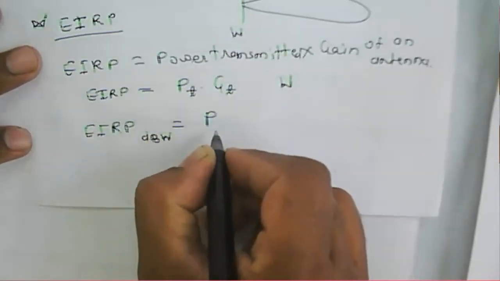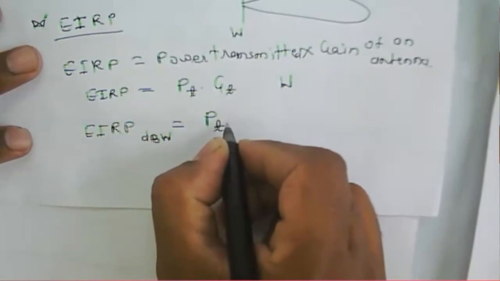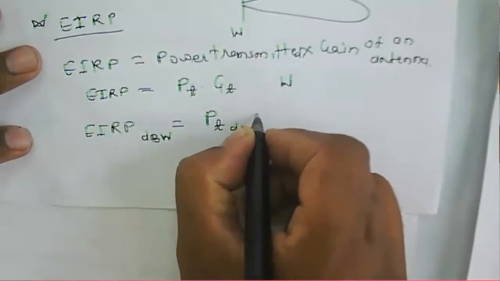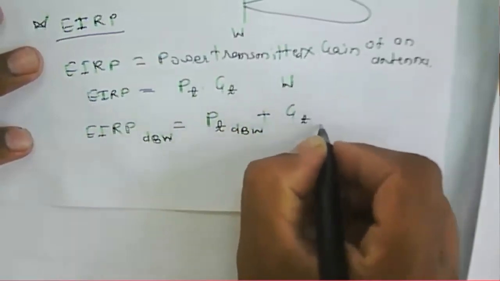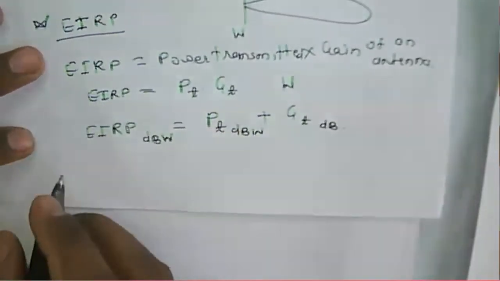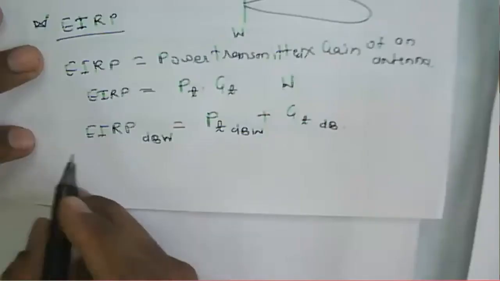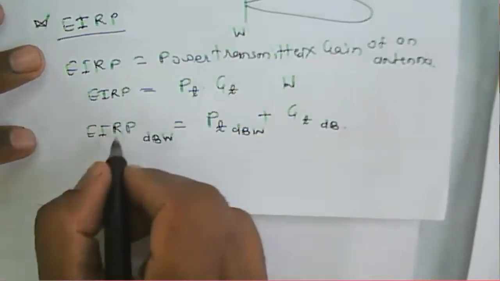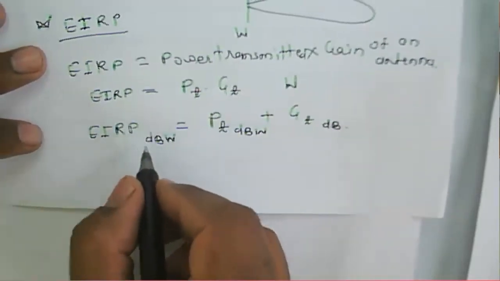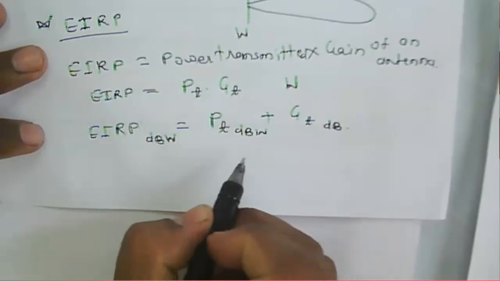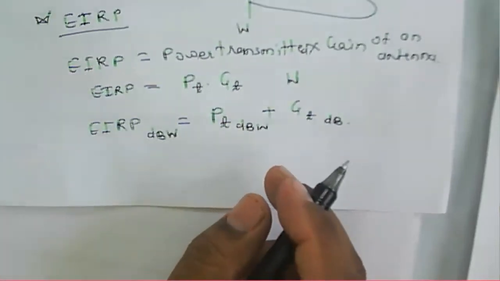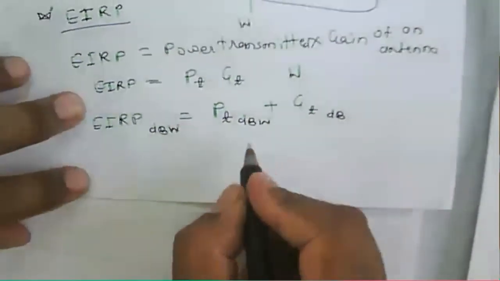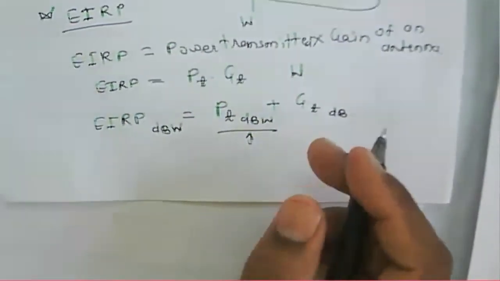So the power transmitted in dB watt plus the gain of the transmitting antenna in dB. So this gives the radiated power in dB watt, and here we consider the power transmitted in dB watt. So we need to convert in terms of dB.